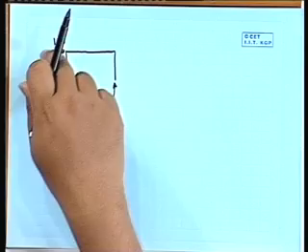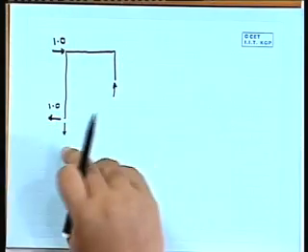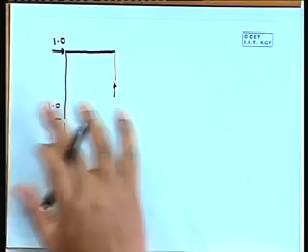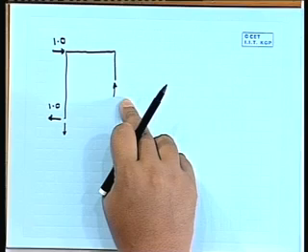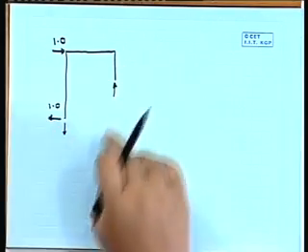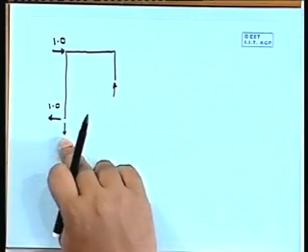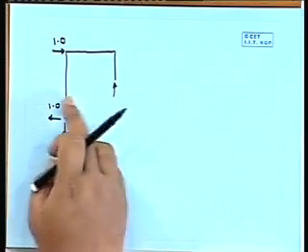So, 1 into 7.5 will be the moment on the structure, and that moment will be balanced by these two forces, and these two forces are the only forces in the vertical direction. So, one should be equal to the other, right, because there are no other applied forces. If it is r, the other will be minus r, and the distance between them is 6.